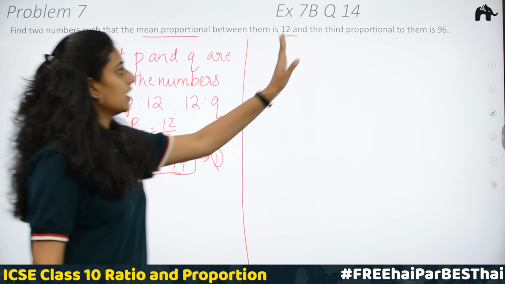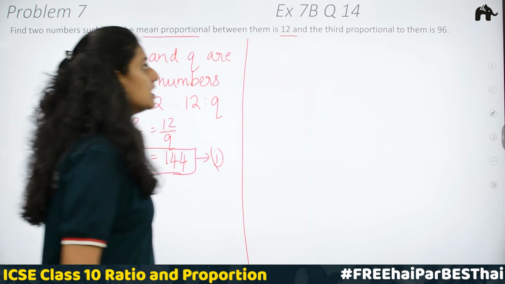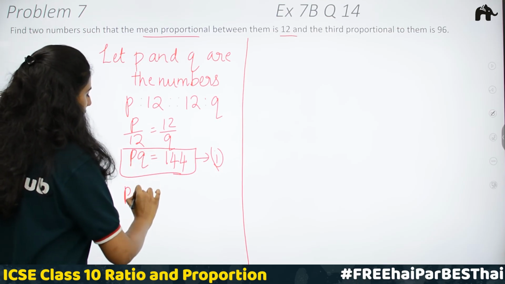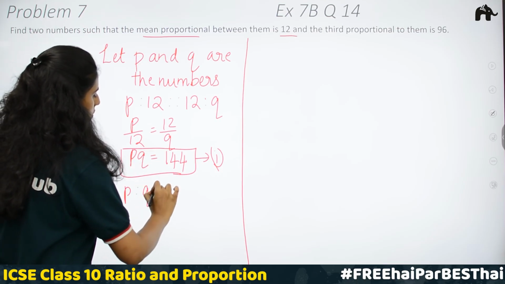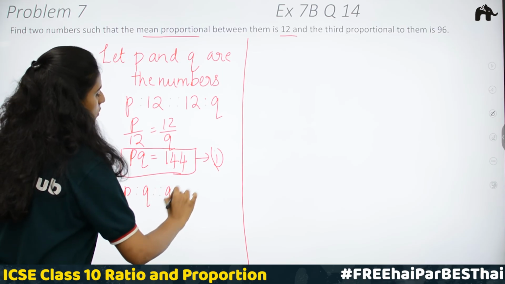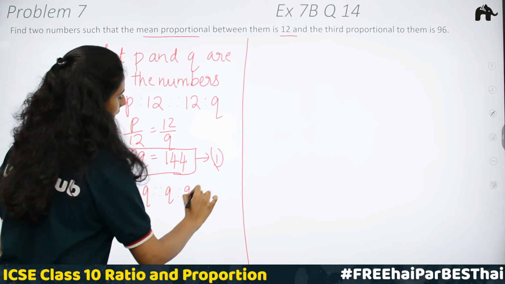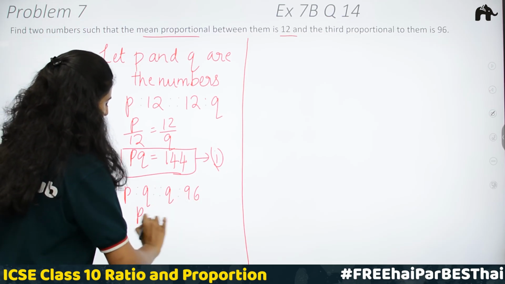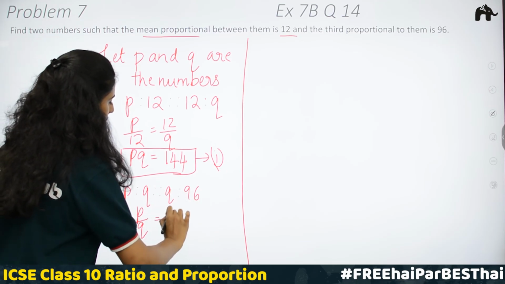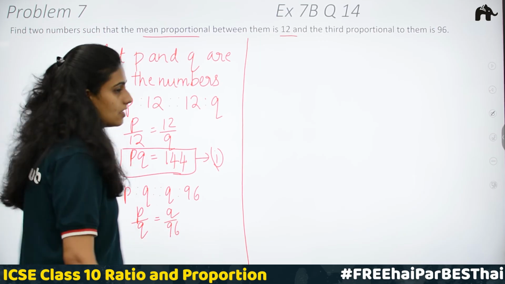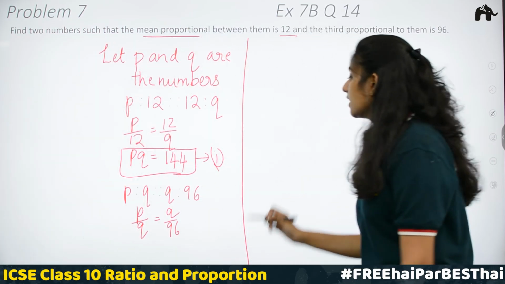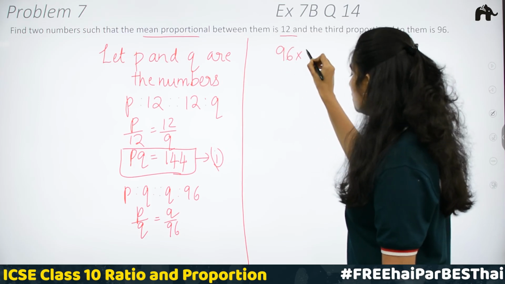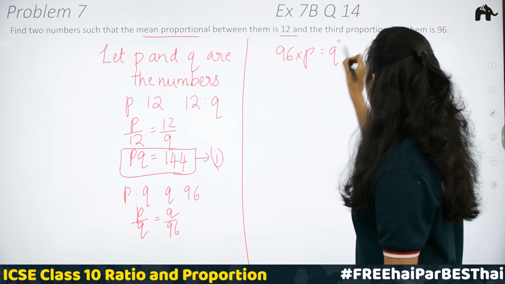Now, the second part, the third proportional to them is 96. Third proportional, that is P is to Q as Q is to 96. This is where third proportional comes. This can be written as P by Q is equal to Q by 96, or crossing we get 96 into P is equal to Q square.